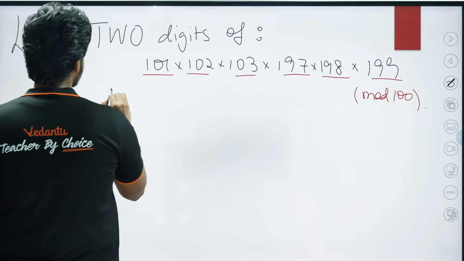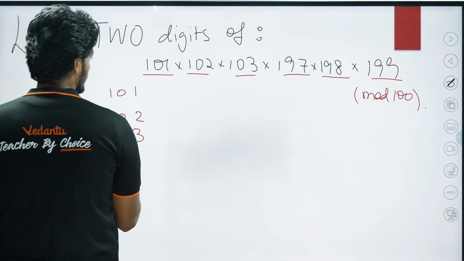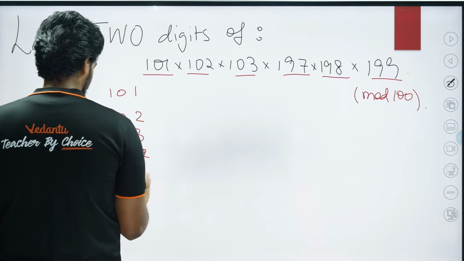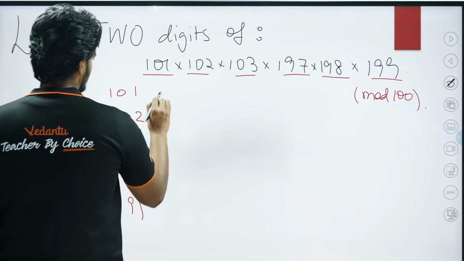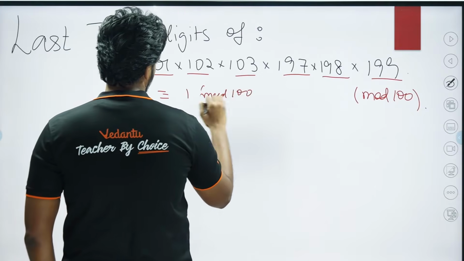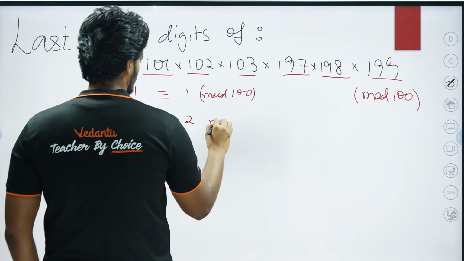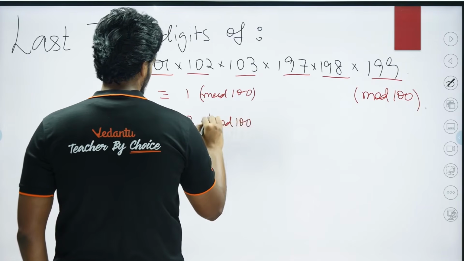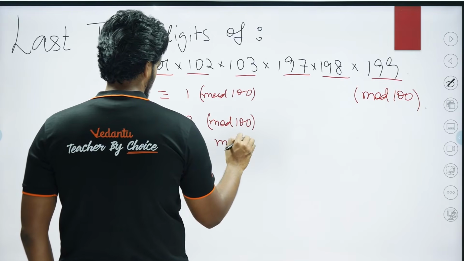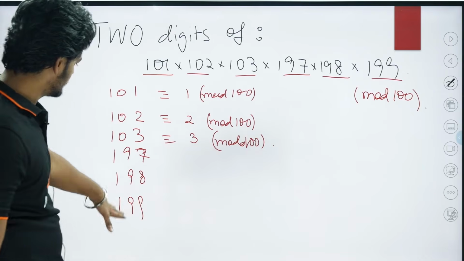So I can write everything as 101, 102, 103, 197, 198, 199. This is congruent to 1 mod 100. This is congruent to 2 mod 100. 3 mod 100. Now look at 197, 198, 199.